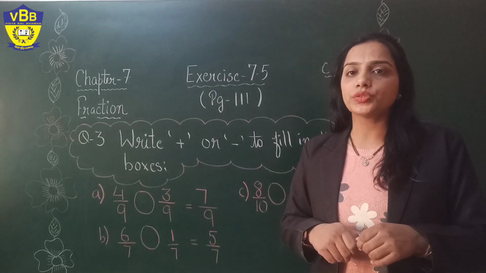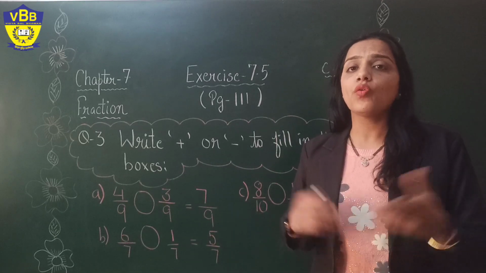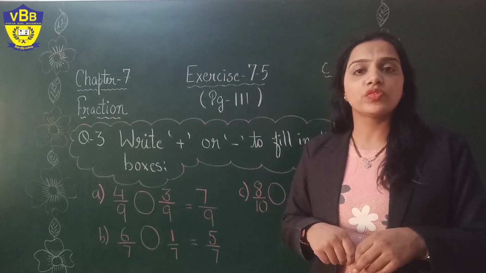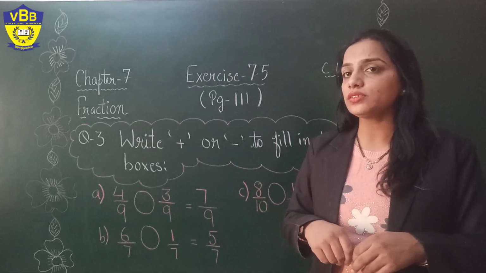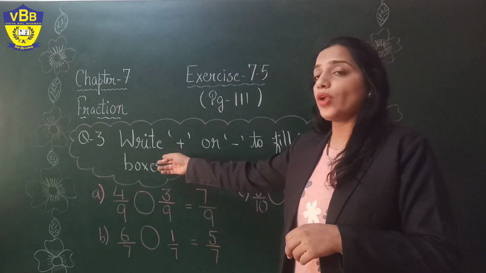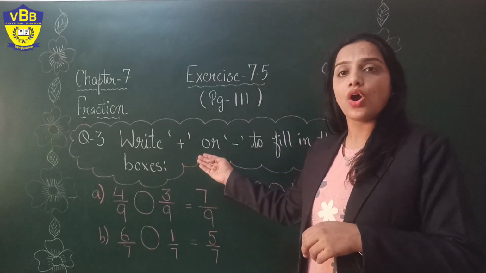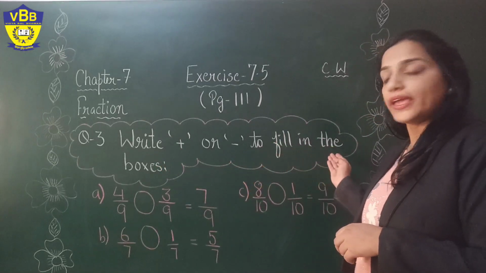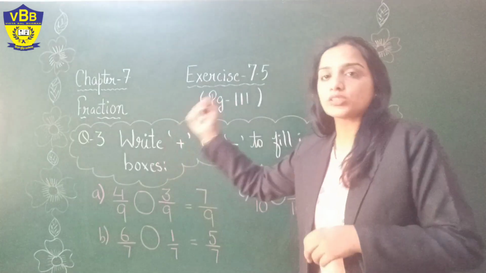Right. So student, in this question, what do we have to do? So, first we will read the question. So, question is, write addition or subtraction to fill in the boxes.